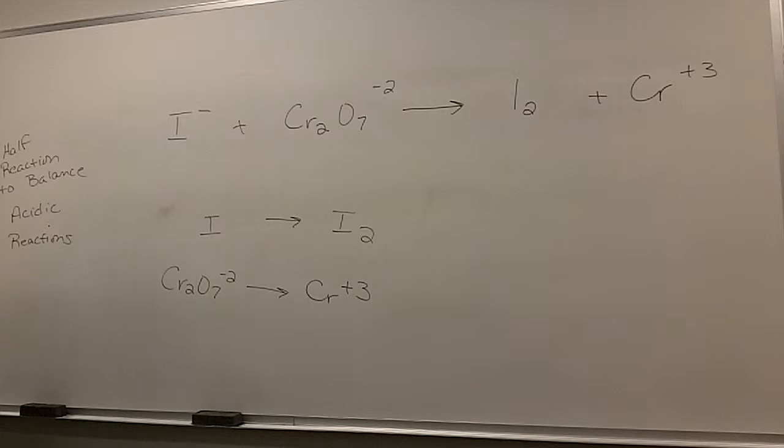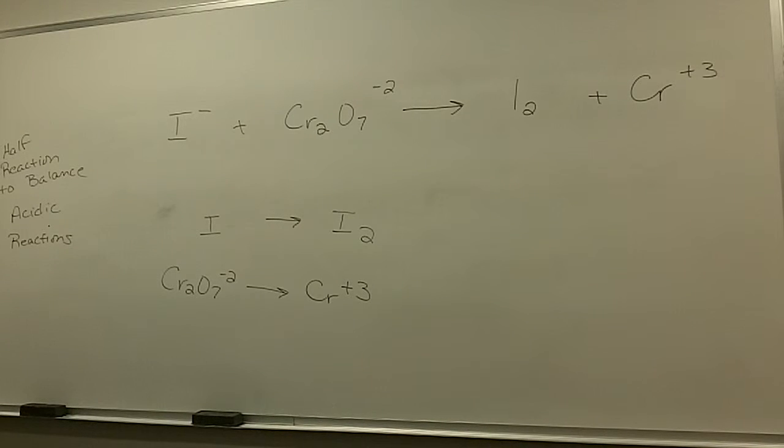Okay, so we're looking at this. You're going to balance elements other than hydrogen and oxygen, and then you're going to add water to the side that needs O's and H's. Okay?